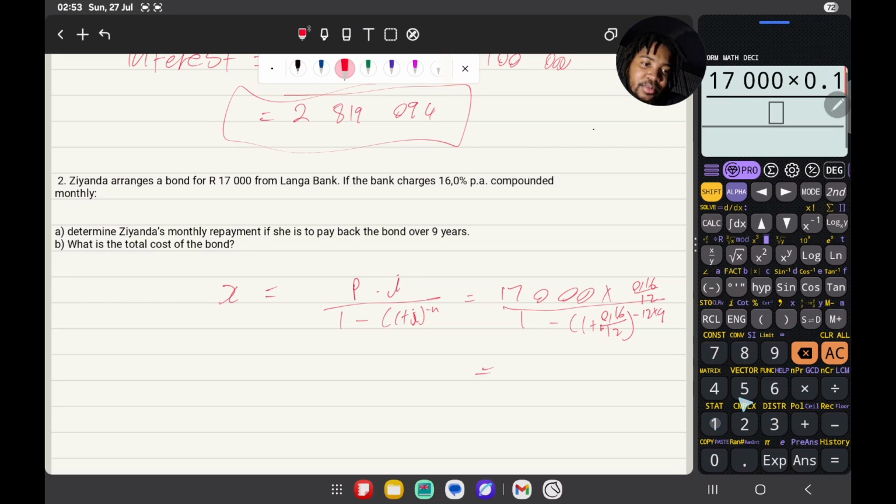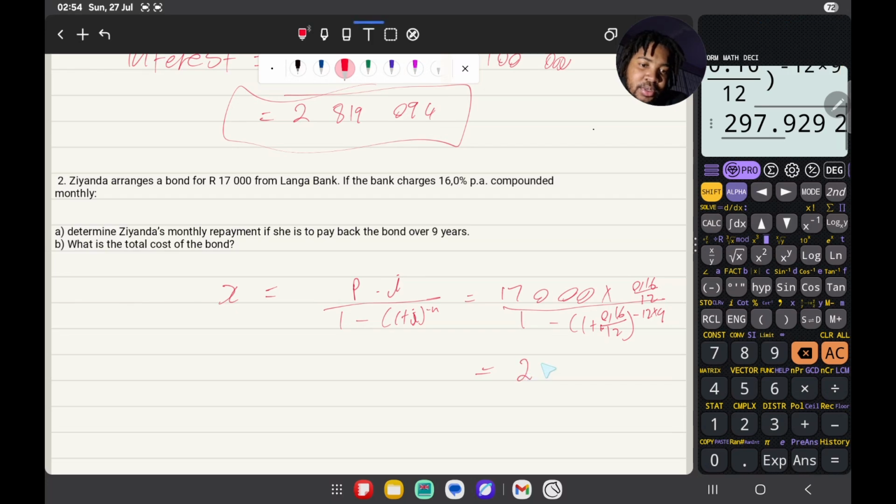So 0.16 over 12, 1 minus 1 plus 0.16 over 12, close bracket, and then to the power of negative 12 times 9.